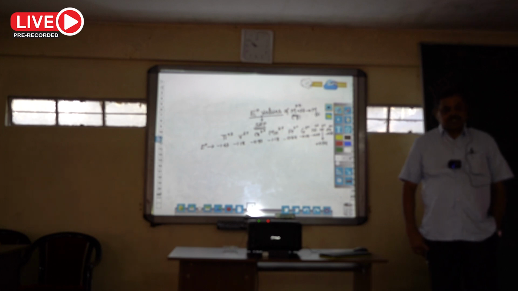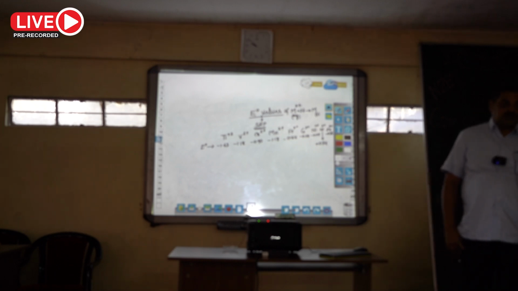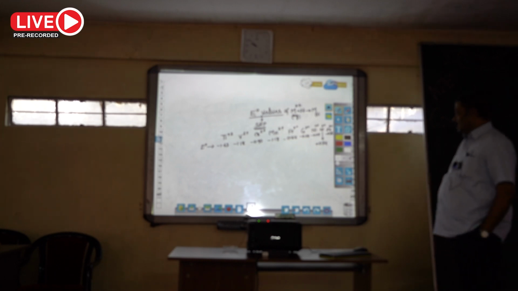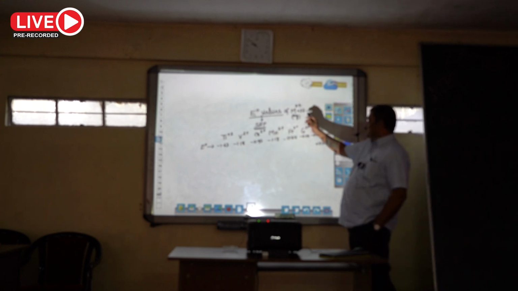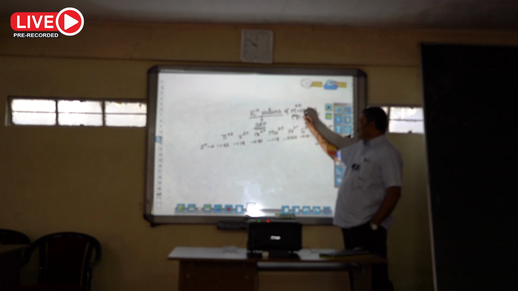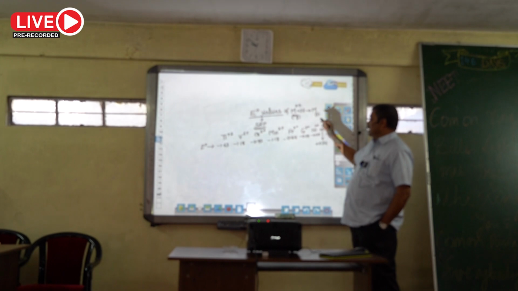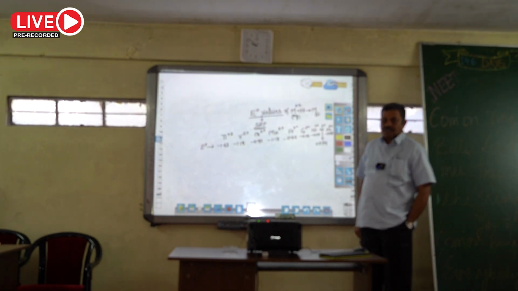So in the first transition series, the standard reduction potential. Reduction means addition of electrons. For an M2 plus ion in aqueous medium, if 2 electrons are added, you will get M solid. This is called reduction.